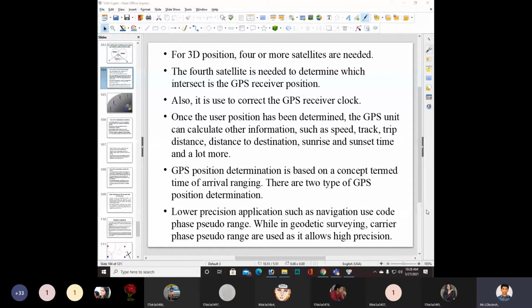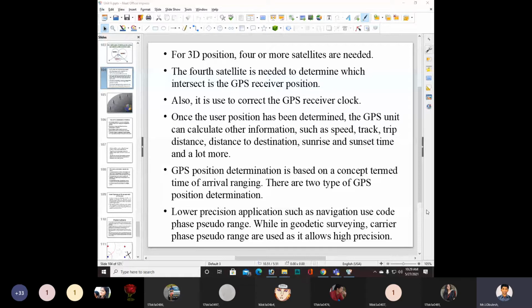GPS position determination is based on a concept termed time of arrival ranging.